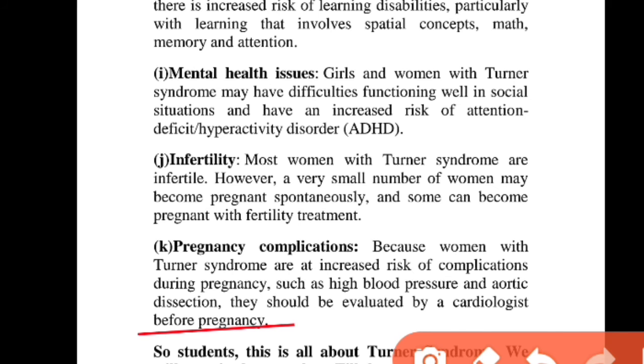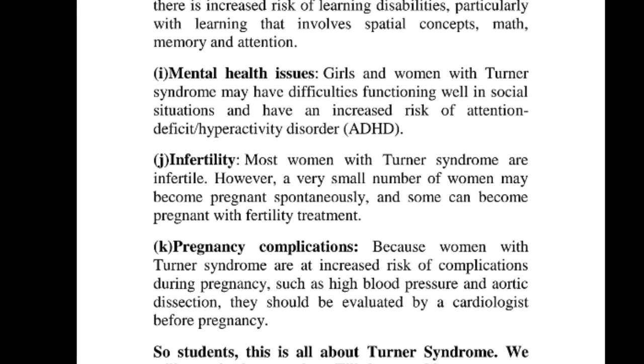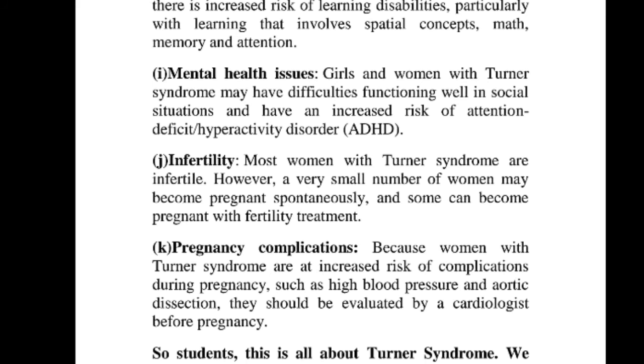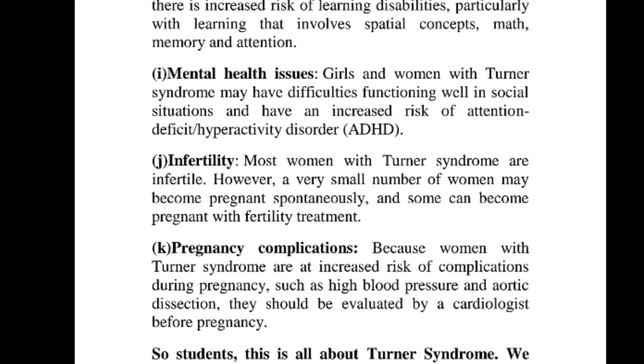So before pregnancy, the cardiologist checks and evaluates the blood pressure and other things related to the heart, and then the risk of these complications may be reduced. So this is about pregnancy complications.